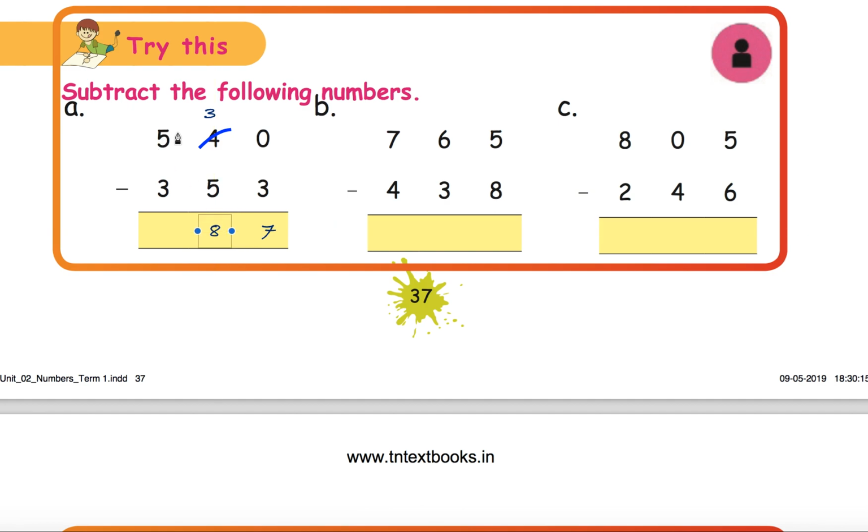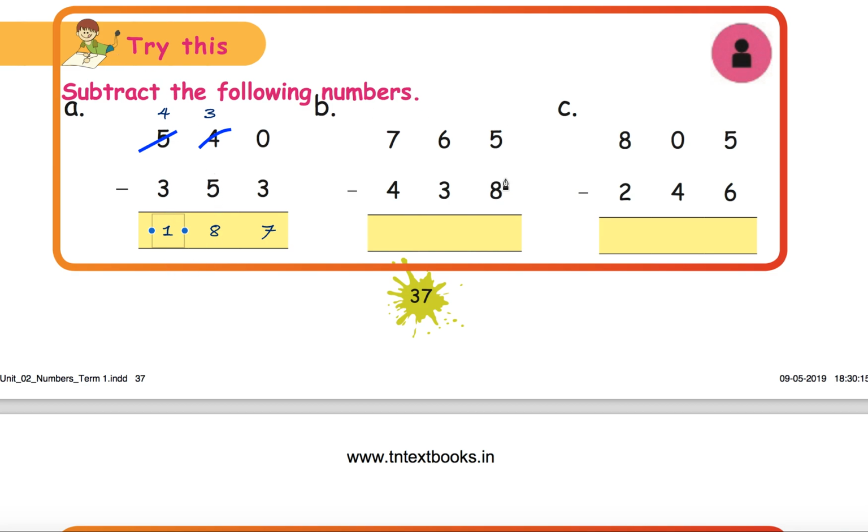Now this will become 4, right? 4 minus 3, 1. Now you add up, you have to get 540. 3 plus 7, 10, 1. 6 plus 8, 14, 1. Yeah, right, we are quite right.